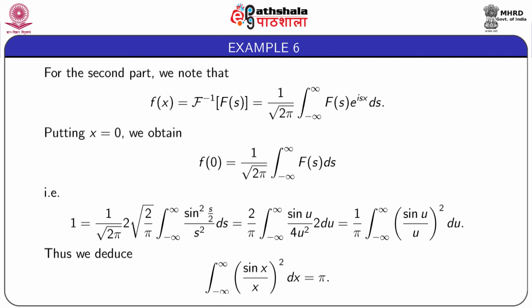For the second part, we note that the Fourier inverse transform gives back the function itself. So, f(x) is the inverse Fourier transform of F(s), that is equal to 1/√(2π) times the integral from -∞ to +∞ of F(s) e^(-isx) ds.